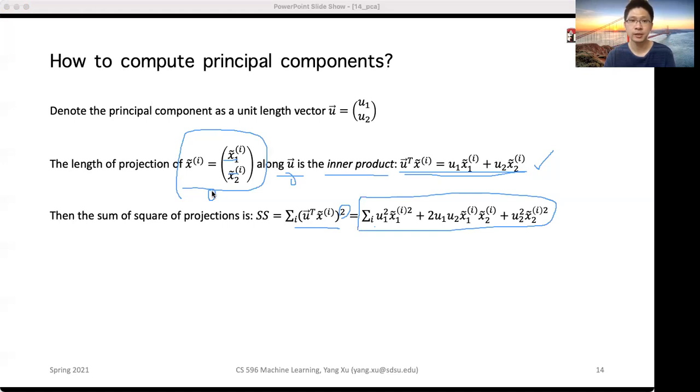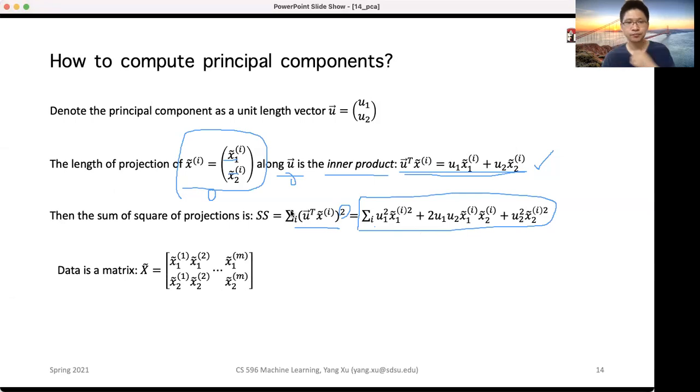Okay, so we're getting into an optimization problem, right? We define some objective function, which is the sum of squares, which looks like this, right? So let's try to make this whole equation simpler, right, into a simpler form.